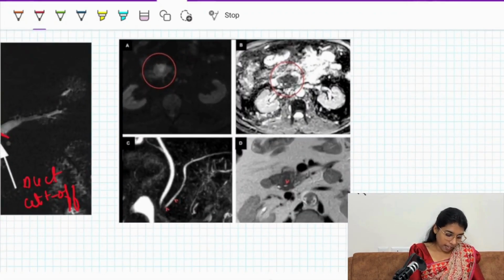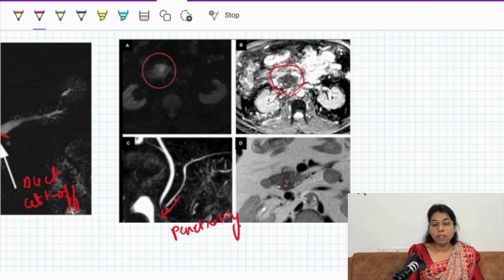Then again we can see here a solid mass in the head/uncinate process. On MRCP, however, you can see that the pancreatic duct is unaffected and it is opening in the ampulla of Vater, right? This is known as duct penetrating sign. So duct penetrating sign is a sign of chronic pancreatitis, whereas duct cutoff sign is a sign of PDAC. So this is the most important difference.